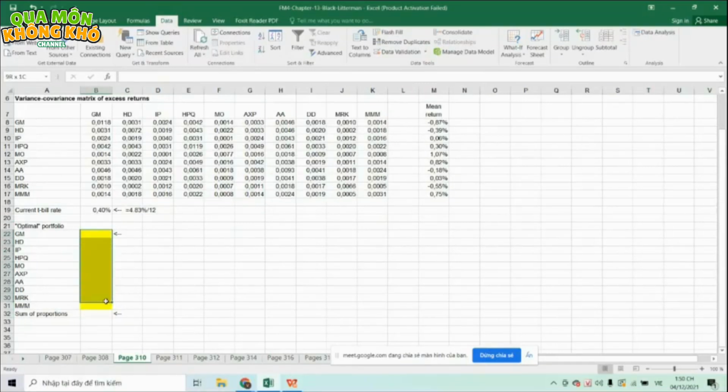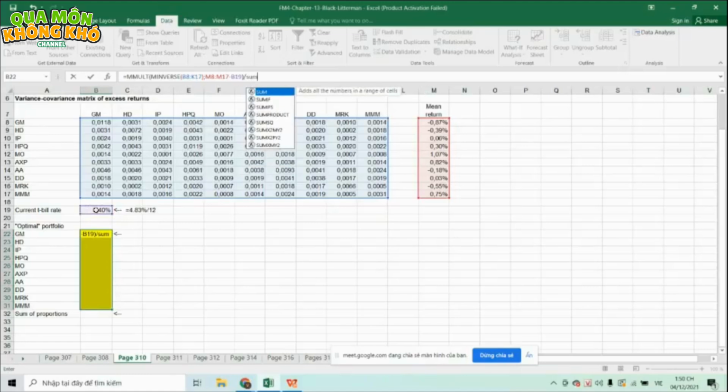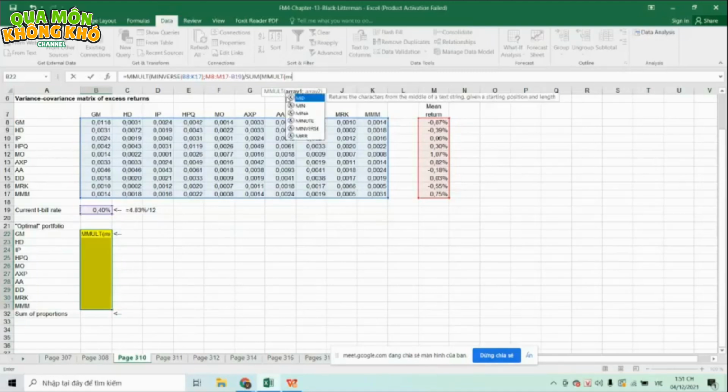And next, we will calculate the optimal portfolio based on the formula that we have studied from the previous chapter, which is a mmult, minverse, and then the range, and the mean return will minus the rate, then divided it by the sum function in mmult, minverse this range again.